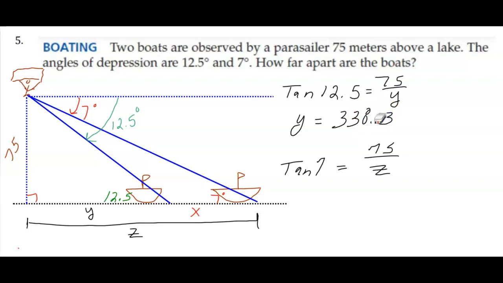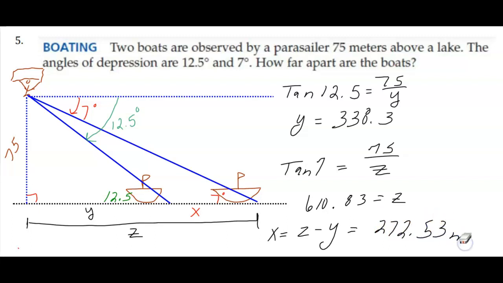And then if you do 75 divided by the tangent of 7, then you're going to get 610.83. That's your z. And then in order to find x, x equals z minus y. You subtract those, you get 272.53 meters.